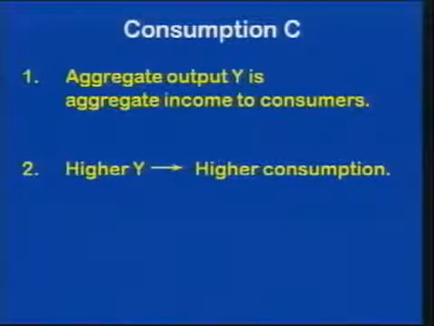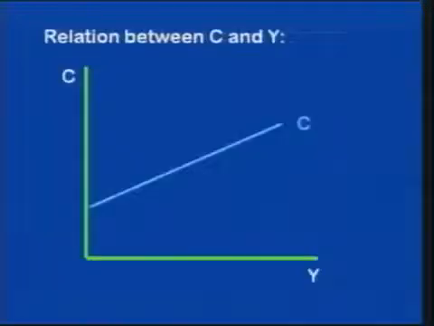So as the income of consumers rises, which means the same as the aggregate output of the economy rising, then we choose to consume more. Our consumption rises as our income rises, and our income is definitionally the same as the aggregate output of the economy. So we can show this relationship.